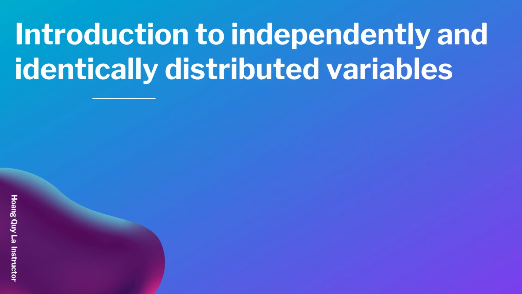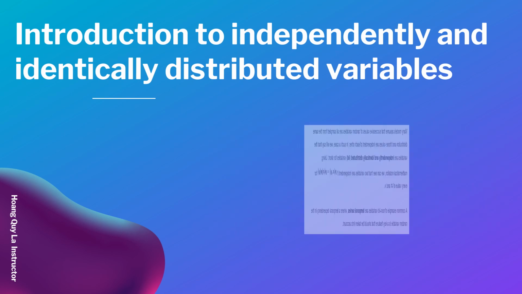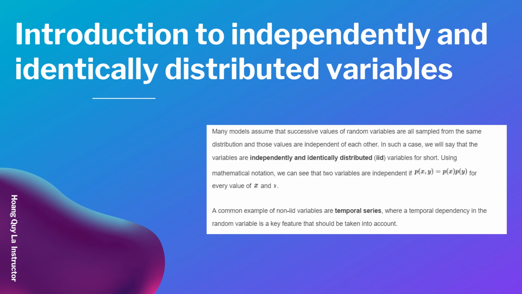So now is a good time to talk about independently and identically distributed variables. Many models assume that successive values of random variables are all sampled from the same distribution, and that those values are independent of each other. In such a case, we say that the variables are independently and identically distributed, IID for short.